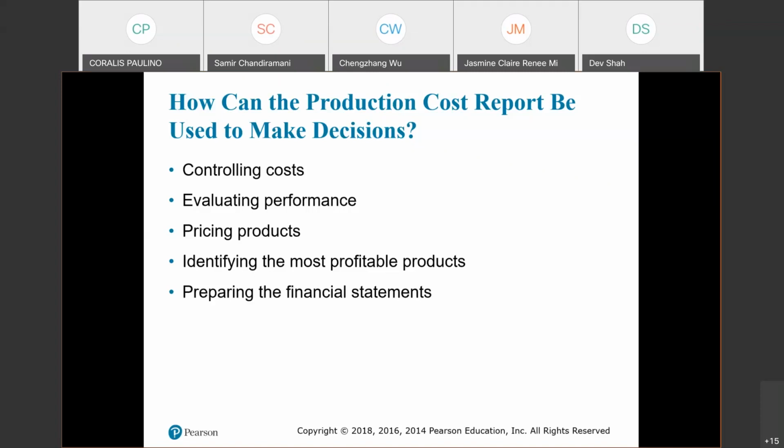Well, the last goal is to prepare the financial statements. So finally, the production cost report is used for financial reporting. It provides inventory data for the balance sheet and COGS data for the income statement.